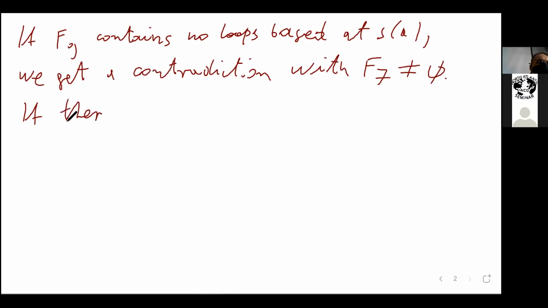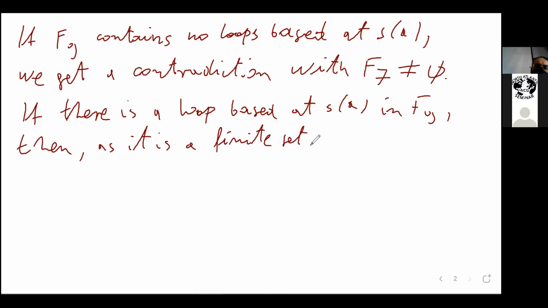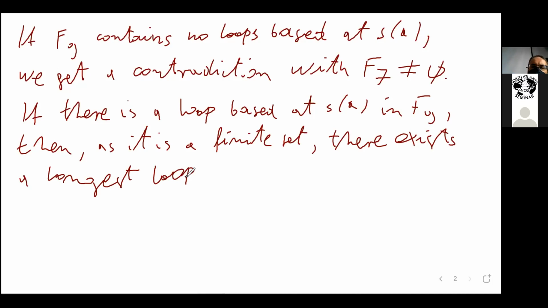So if there is a loop based at SA in F9, then, as it is a finite set, there exists a longest loop based at SA from F9.